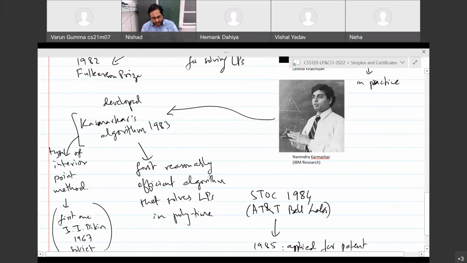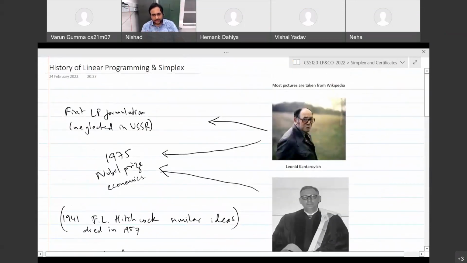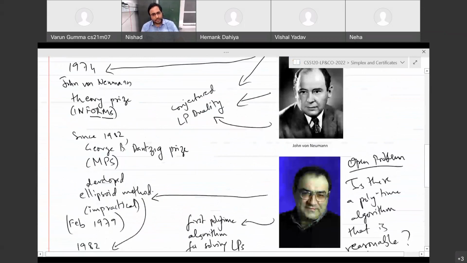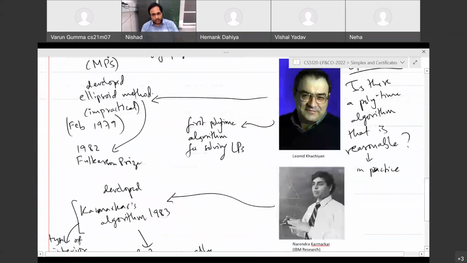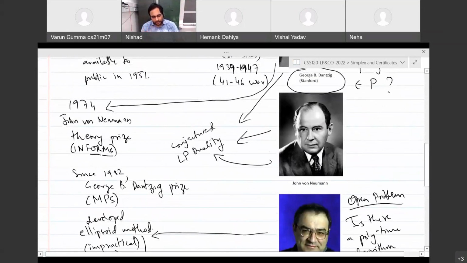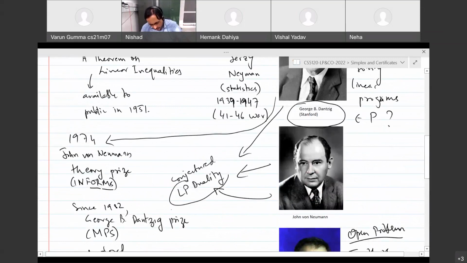So that's all of the theory of linear programming and simplex that I wanted to tell you about. And next week, we are going to start the next module, LP Duality. So this is going to be our module 4. I personally think it's one of the most exciting topics.